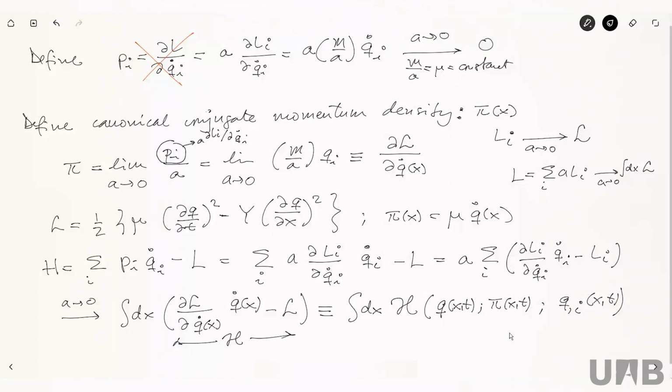But definitely no Q dots. No Q dots, because the Q dot is to be inverted in terms of pi, just as in the case of the Hamiltonian.